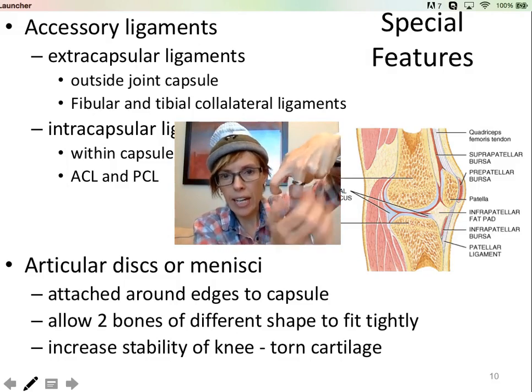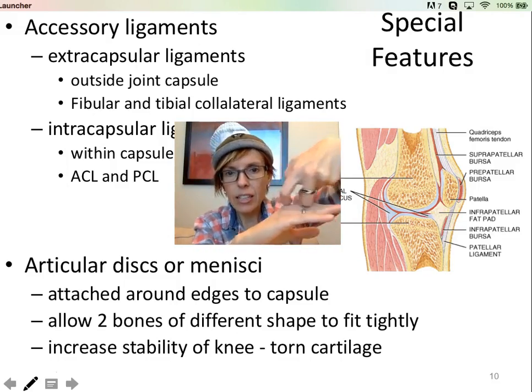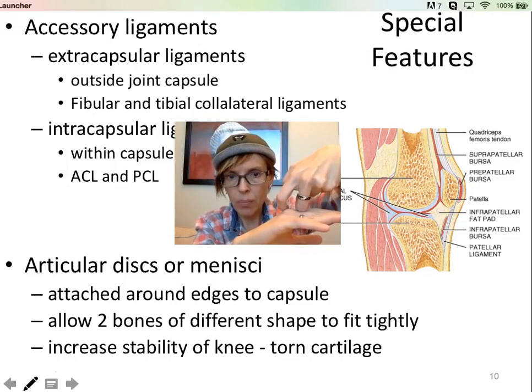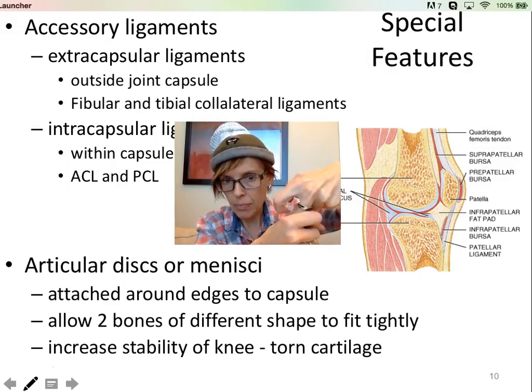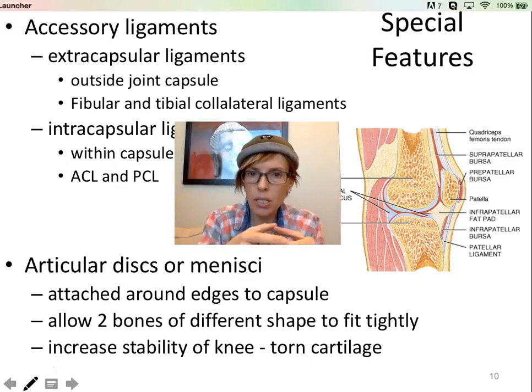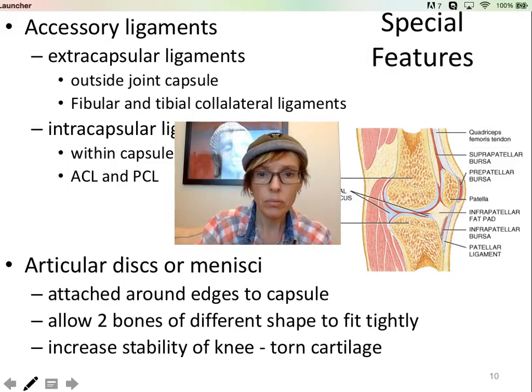Now, they're sitting on a flat shelf. That's very easy for that to slide back and forth. So what this meniscus does is it forms a cup, so now that femur can't slide. It also provides some cushioning there as well, but mostly it's going to help increase the stability of that knee. Okay.